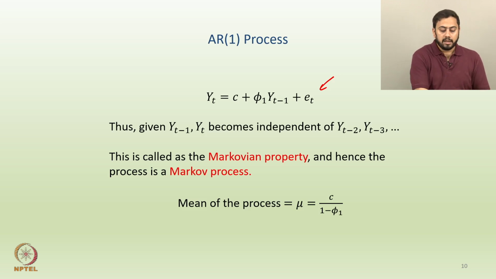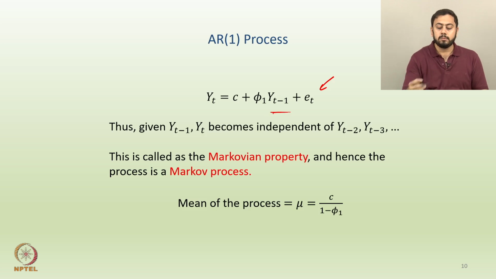Okay. Now, a very interesting property of an AR1 process is as follows. Given yt minus 1, yt actually becomes independent of all the previous values, isn't it? Because this equation does not contain any of the previous values, and given yt minus 1, we can assume that yt minus 1 behaves as a constant.